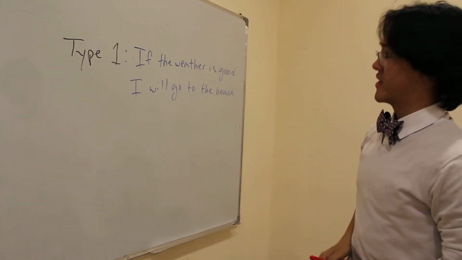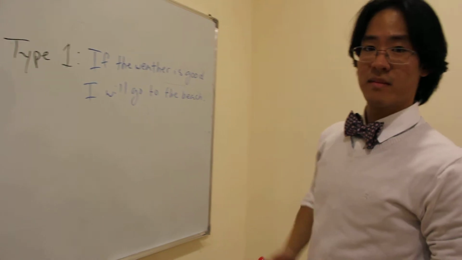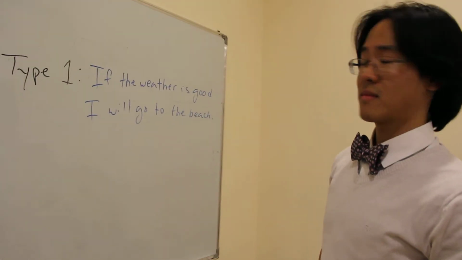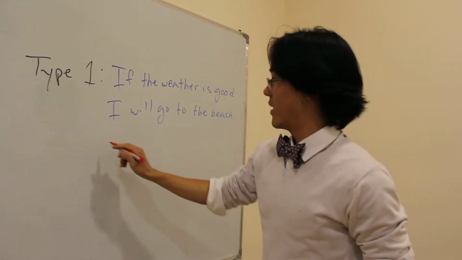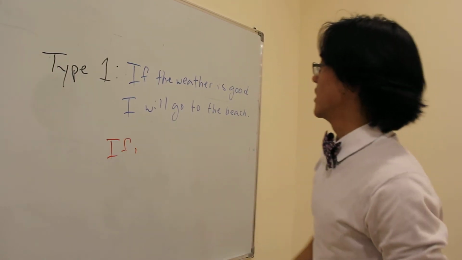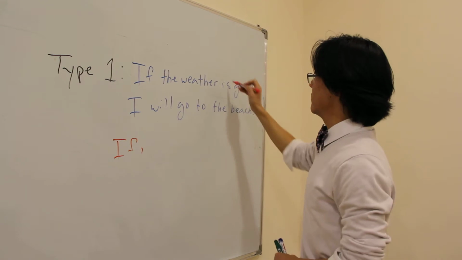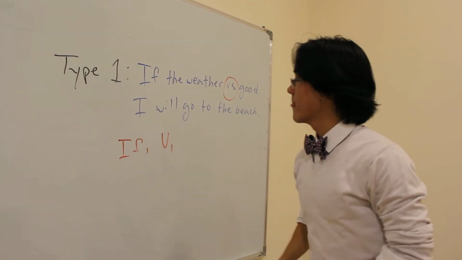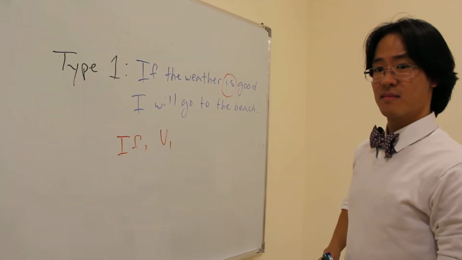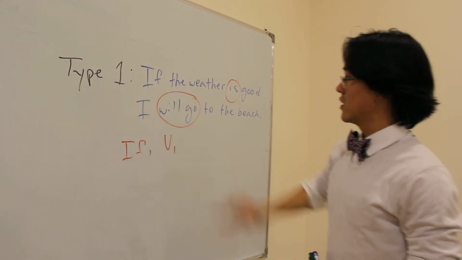So, how would you make this kind of conditional? Okay, so we have if, we have is, which is verb 1, and then the next main verb, we have will go.